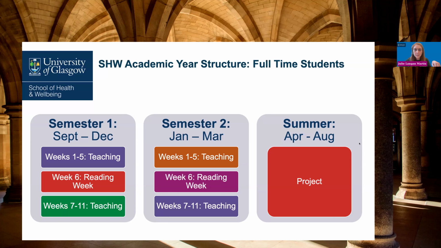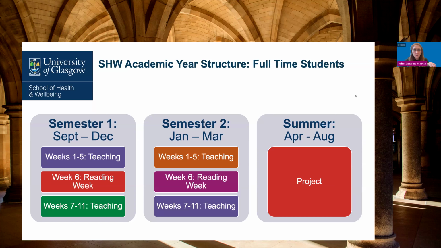Again, if you're full-time, you'll be taking 3 courses during this period. And again, a very similar structure with weeks 1 to 5 of teaching, a reading week or a catch-up week, and then weeks 7 to 11 of the teaching course. And then during semester 3 or the summer term, which runs from April to August, you'll be working pretty much full time on your project during this time.